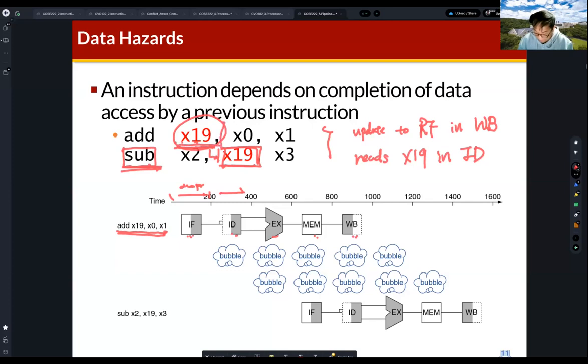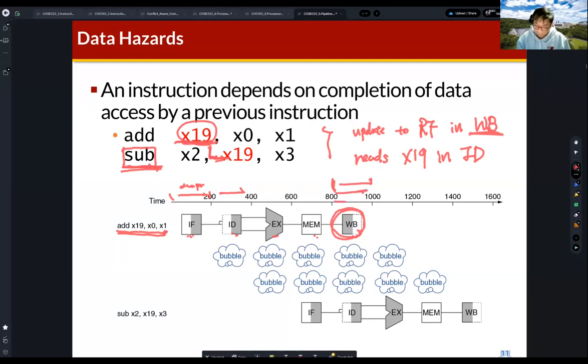If you see this instruction, we expect that X19 is updated here, and then the sub instruction uses this X19 updated by the add instruction, right? But in the pipeline architecture, X19 is updated in the write back stage. So the data is updated at this time.